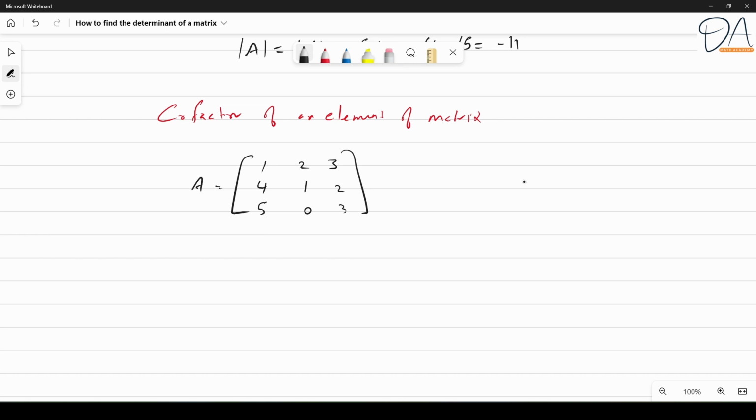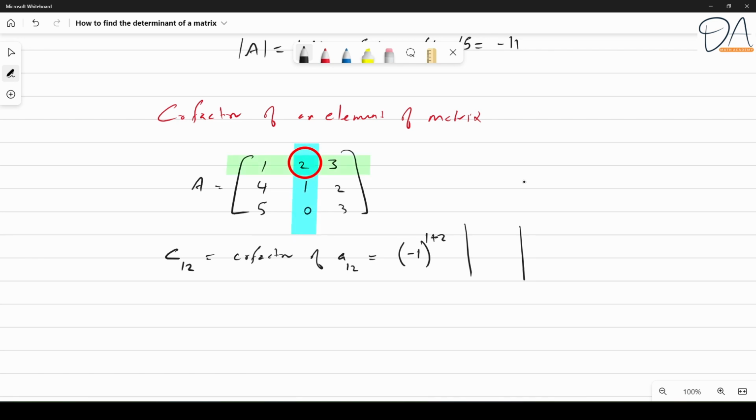Each one of these elements has a cofactor. For example, we can denote the cofactor C12. This means we are looking for the cofactor of the element in the first row and second column, that is A12. The way to calculate this is as follows. We have the coefficient -1 to the power of the sum of the row and the column, so 1 plus 2. Then we create a determinant formed by eliminating the row and the column in which this element is located.